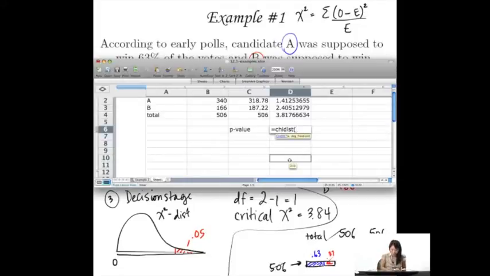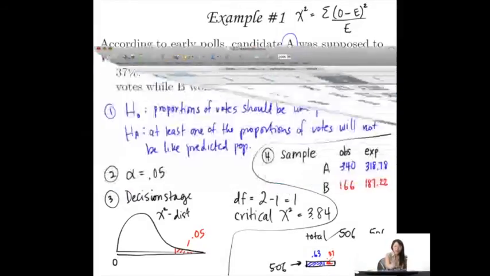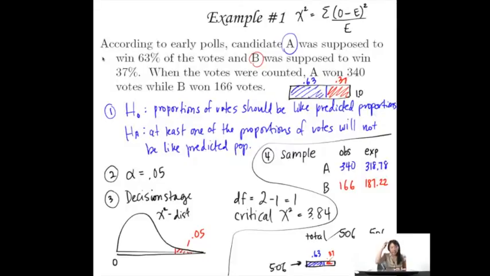So usually it goes in that order. Maybe it's slightly different order. And our degrees of freedom remain the same, 1. And so our p-value is just over 0.05. It's 0.05, if we round, 0.051, right? So because of that, we are not going to reject the null.